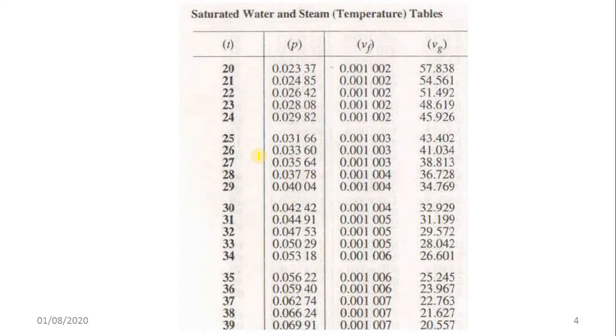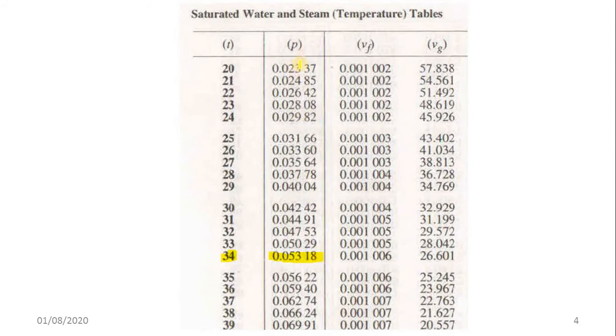So here is a screenshot of that particular steam table which includes the temperature 34 degree centigrade. The adjacent column to the temperature column is the pressure. So corresponding to that 34 degree temperature, the value of pressure is 0.05318 bar.